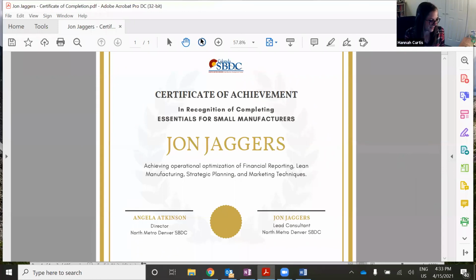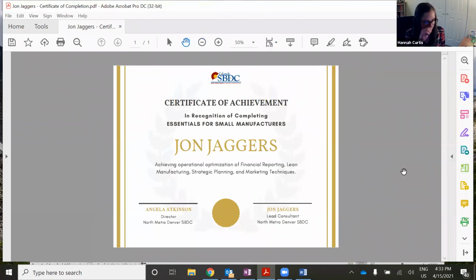I'll be sending them out to everyone individually with, obviously, your own name, and we'll have our signatures on there from Angela Atkinson, our director, and also John. So I just wanted to show that as an example because Michelle did such a great job, and we do really value the work that you put into the course. So good job, Michelle, and great job, everyone.